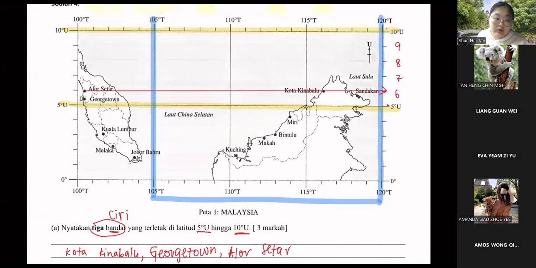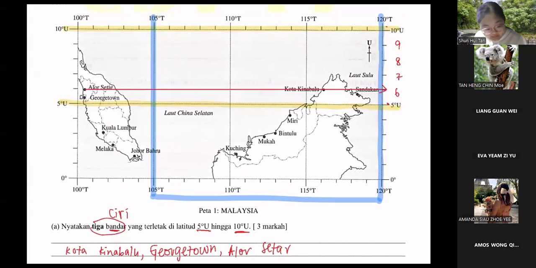After that, look at the verticals. Where are they located? They are located here. All right. No, we are not going to write 101, yeah?